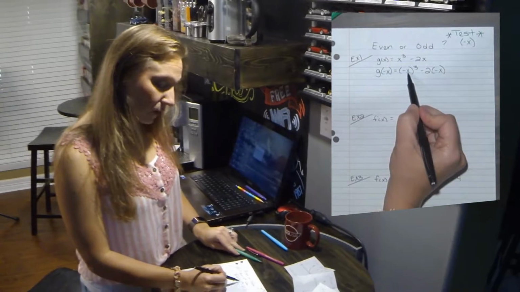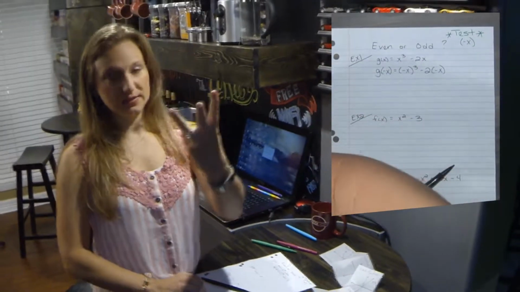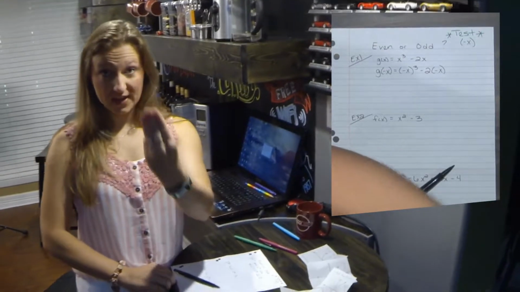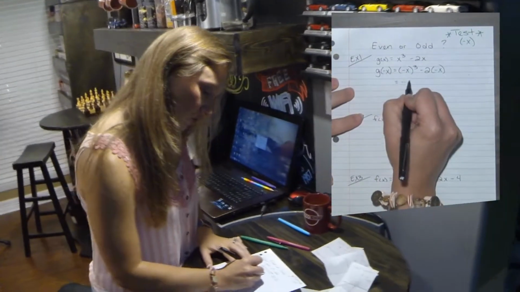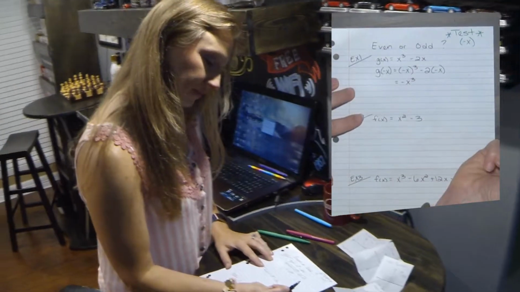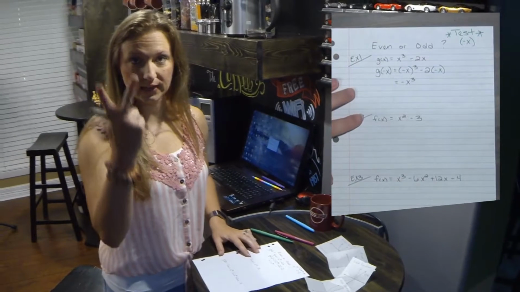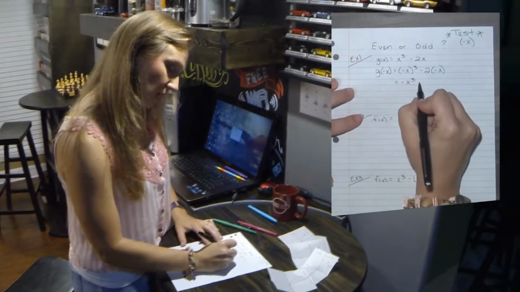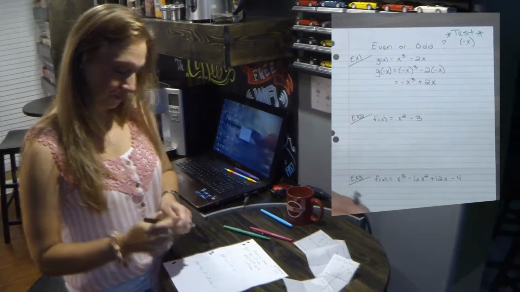So if we think about negative x cubed, negative x times negative x times negative x, we're going to get out a negative x cubed. Negative 2 times negative x, well, we know a negative times a negative turns into a positive. So this is going to be a positive 2x.